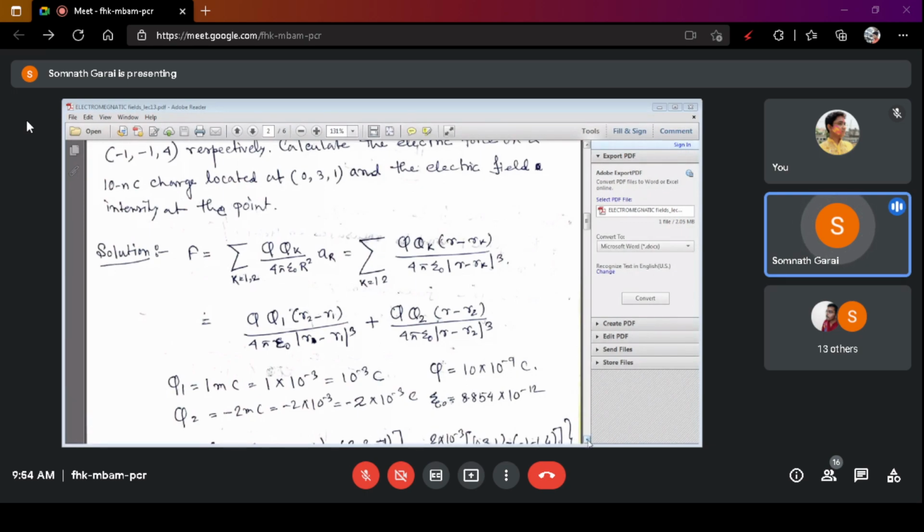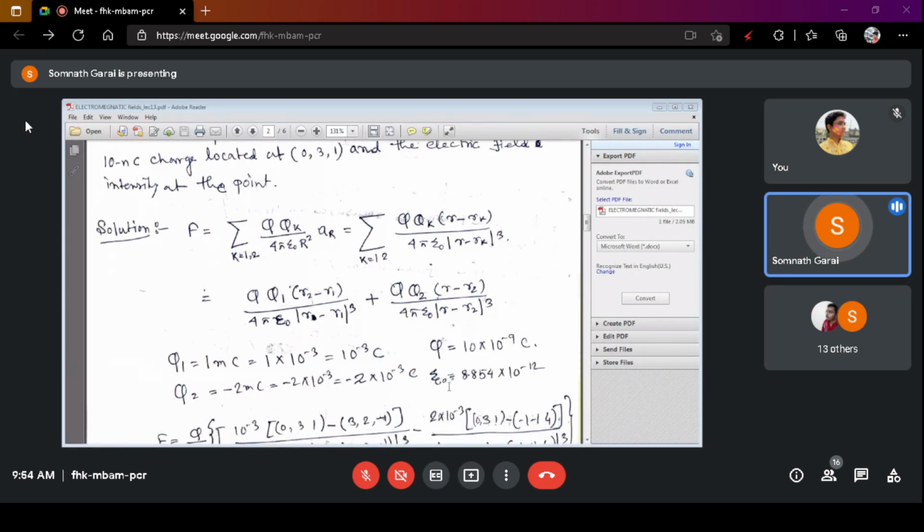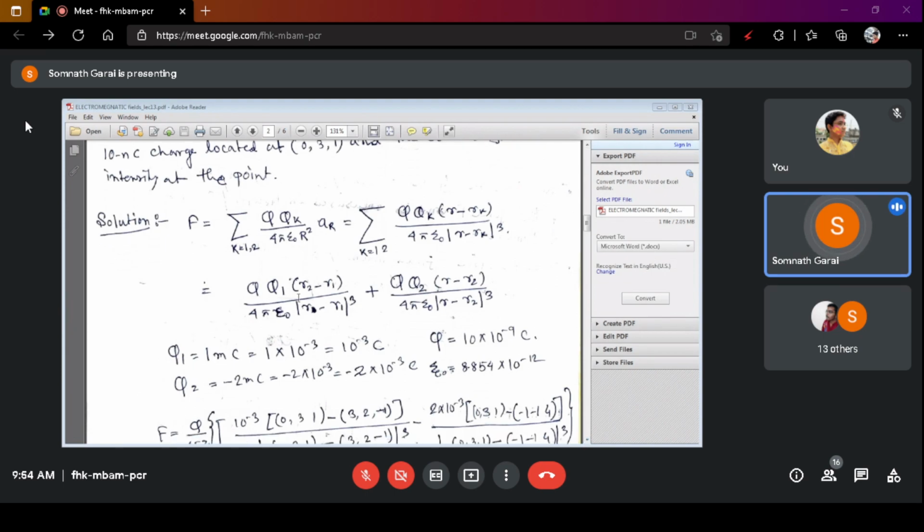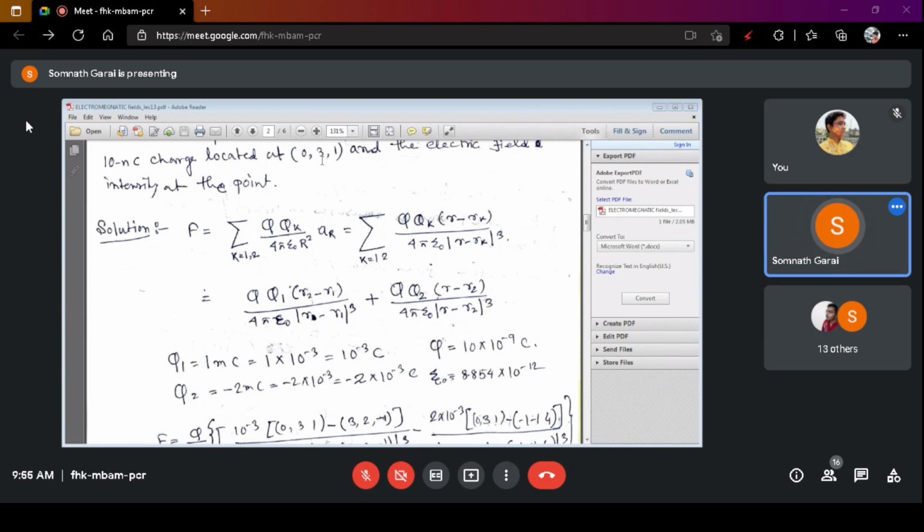And the value of epsilon, we already know, is 8.854 into 10 to the power minus 12. Right? Now, the values of R, R1 and R2. The value of R is the position vector of the Q, whose value is 0, 3, 1.